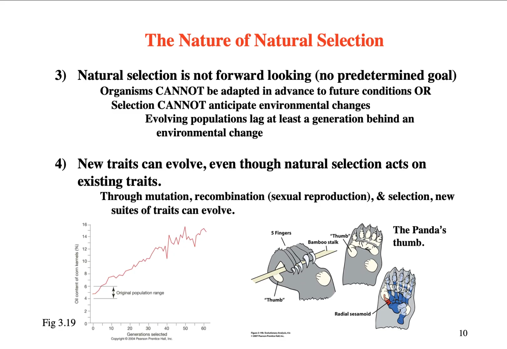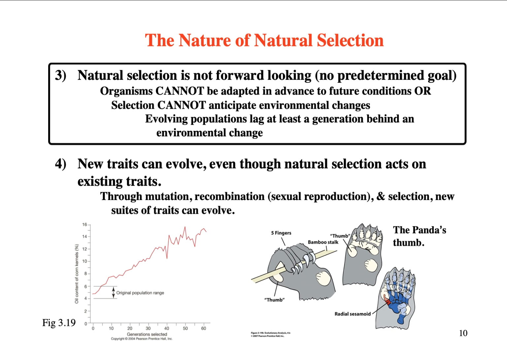Natural selection is not forward-looking, so there's no predetermined goal. There are just variations on a theme, essentially, and then those different mutations, different changes are selected by environmental changes.